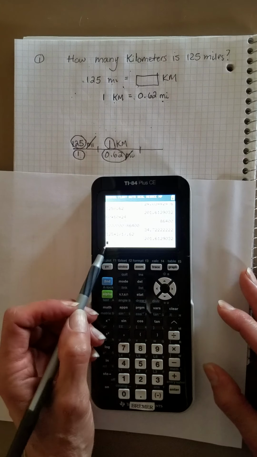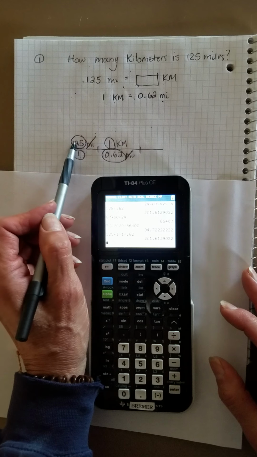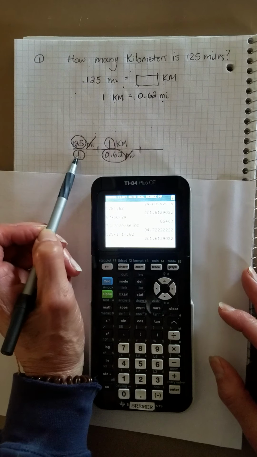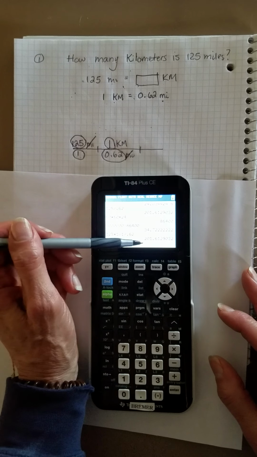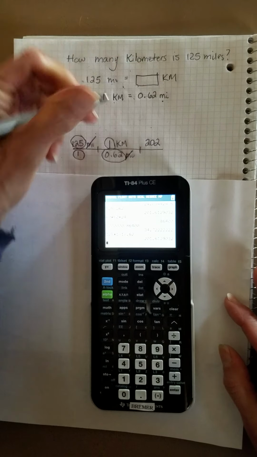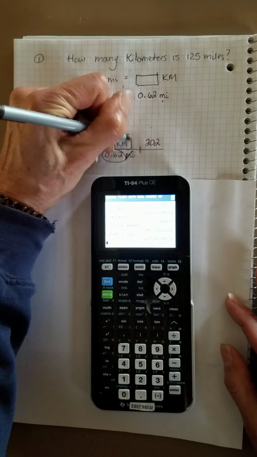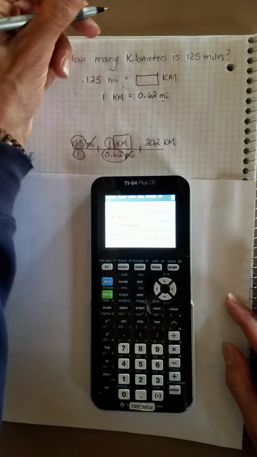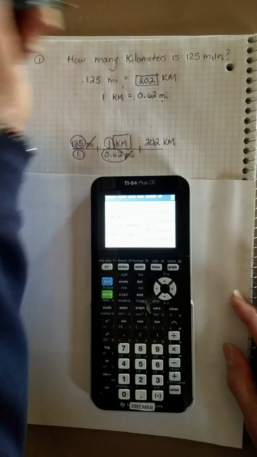I took the top numbers times each other, divided by the bottom numbers, and I get 202, and the units remaining are kilometers. So my answer is 202 kilometers. Done.